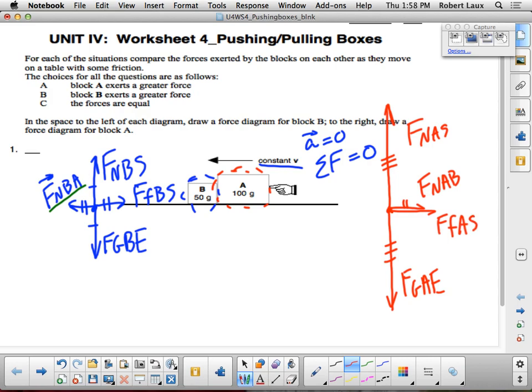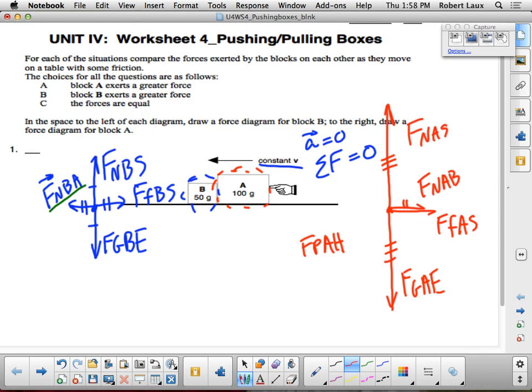Now, Michael had already brought up that there has to be a force of push on A by the hand, going to the left. The next question becomes, how long does that force have to be for all of this predetermined stuff to be true? Josh? Be twice as long.